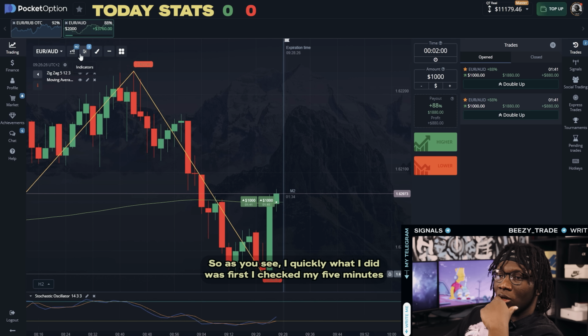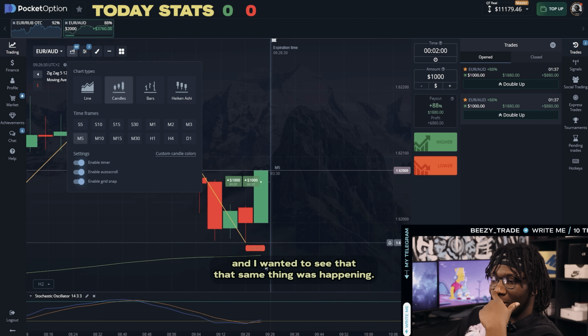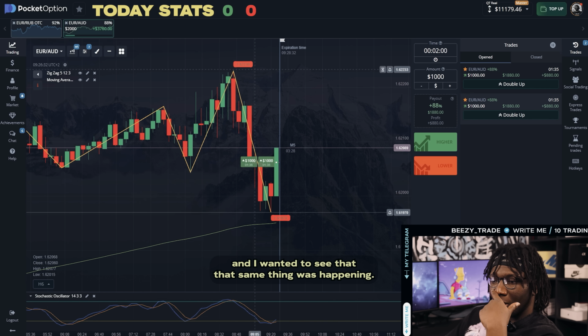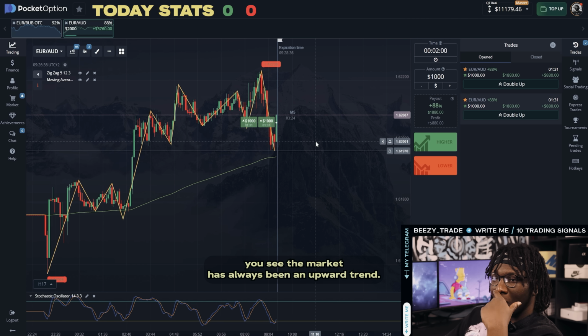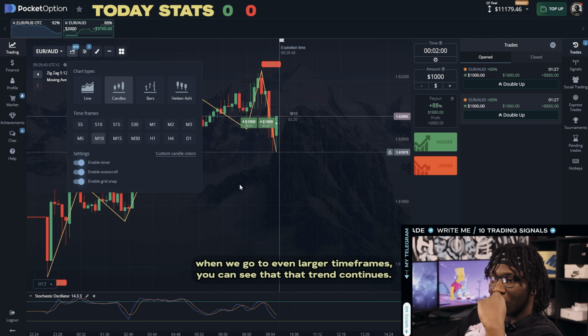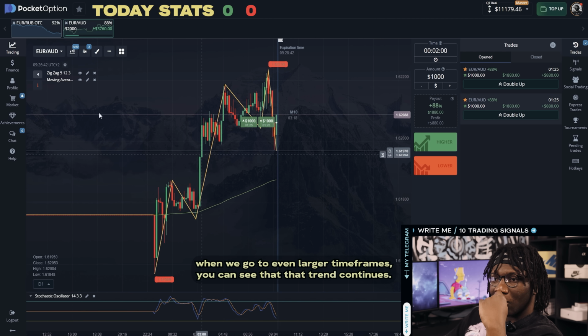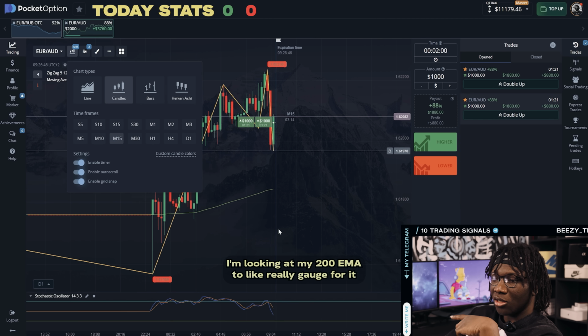So as you can see, what I did was first I checked my 5 minutes and I wanted to see that the same thing was happening. But you can see when you look at 5 minutes, the market has always been in an upward trend. And when we go to even larger time frames, you can see that trend continues. I'm looking at my 200 EMA to really gauge for it.